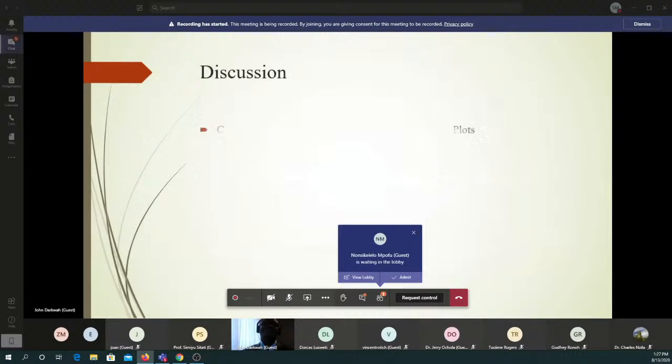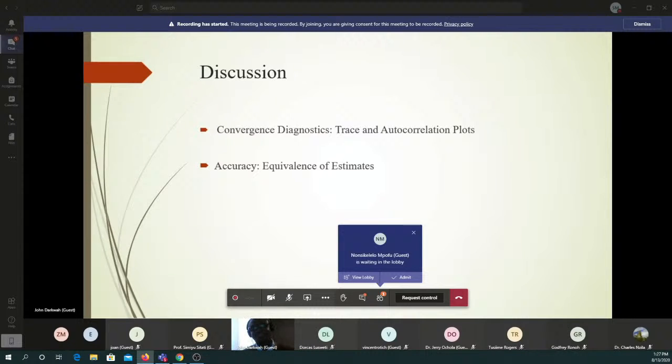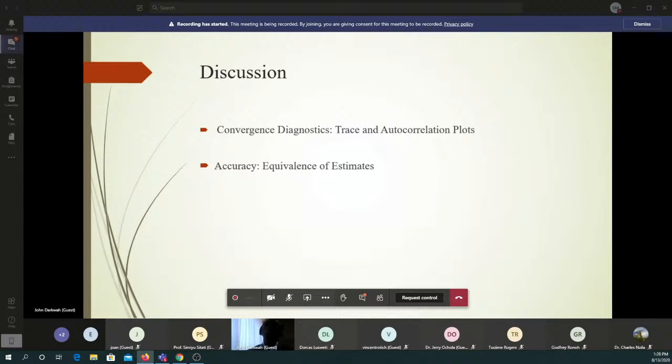Now, as I've already discussed the convergence because of the trace plots, let me just move on to the accuracy. So we see that the estimates of tau, beta naught, and beta 1 were very equivalent when the estimates from both techniques were compared.